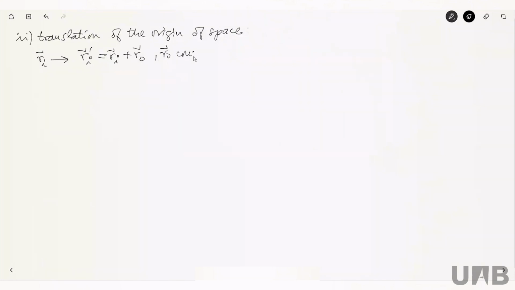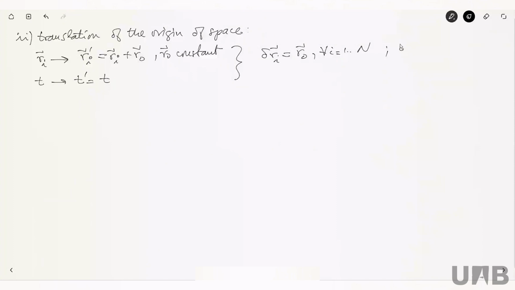R0 constant. And we don't change anything else. So t goes to t prime, which is the same as t. Okay, so that means that delta Ri for all of them is R0. That's for all the particles from 1 up to capital N.